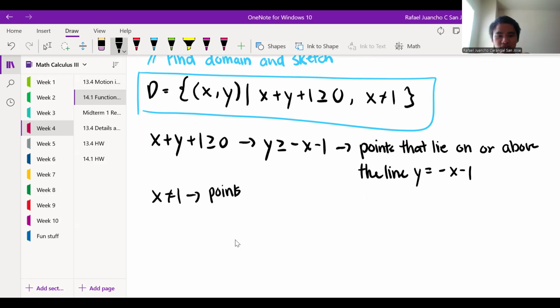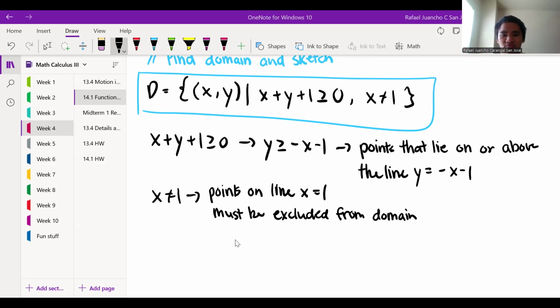It means that points on the line x equals 1 must be excluded from the domain, right? So that's the idea.